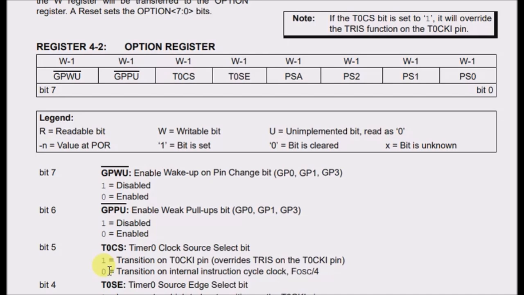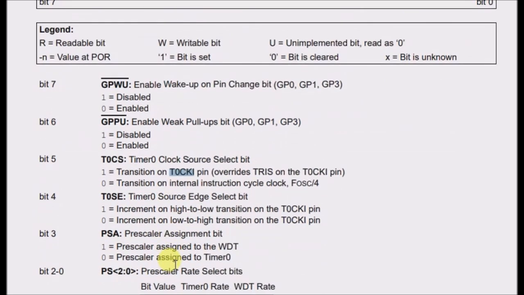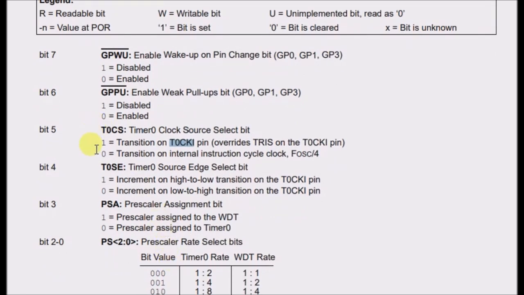You'd be setting the transition to the internal instruction cycle clock, which I think is probably what you would want, because most likely you're not going to use this T0CKI pin, which is GP2, for an external clock source. I think that's what that does, but I shouldn't say that out loud because I don't know.